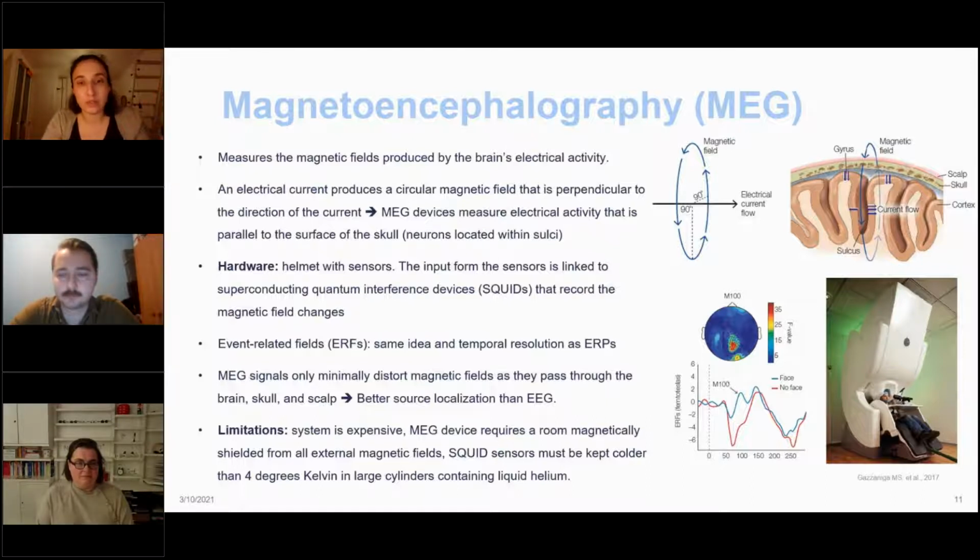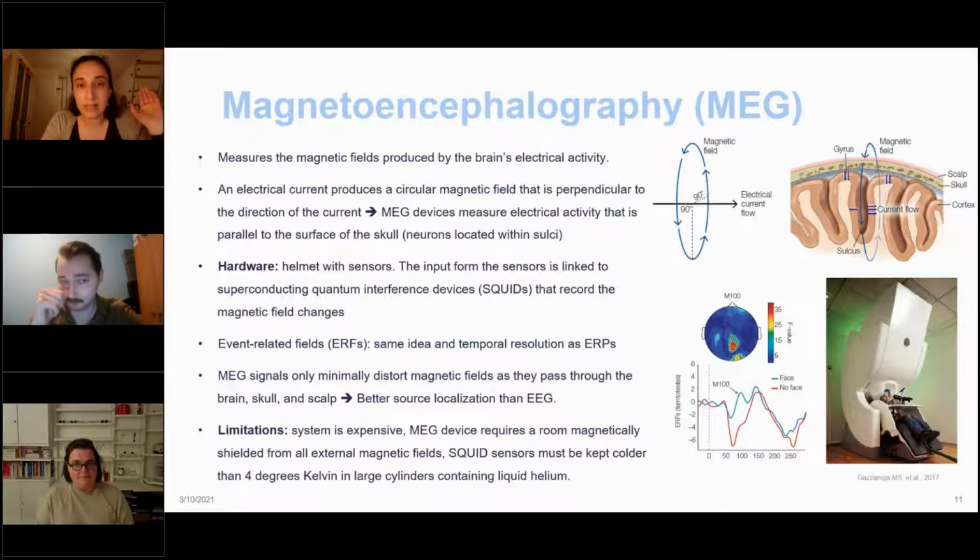And those SQUID sensors, which are very sensitive, must be kept cold. So it's not as practical as EEG, and it's expensive, but it has the same temporal resolution and much better spatial resolution, because unlike electric fields, magnetic fields do not get as distorted when they pass through different kinds of tissues.